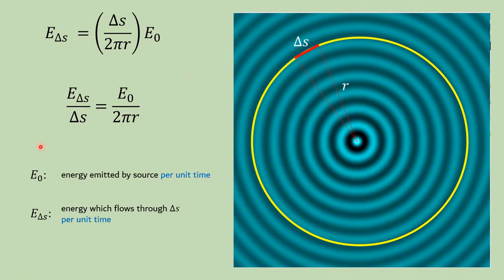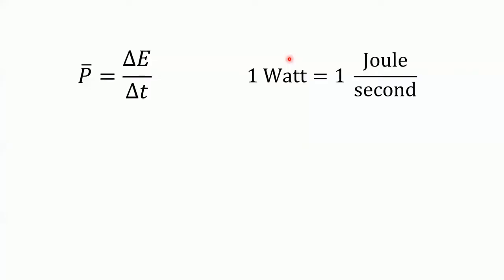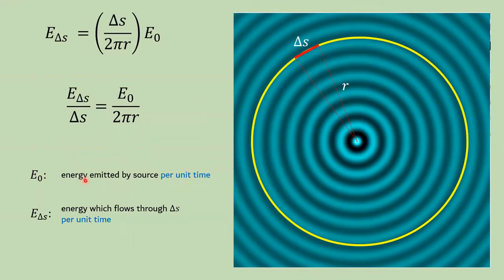Just to remind you, E naught was the energy emitted by the source per unit time. I said something like 1 second, so in the SI system, that's the unit of time. And E delta S is the quantity of energy that passes just through that arc length. So let me remind you, because hopefully you're already thinking, wait a minute, energy per unit time. If I'm saying the energy per time, maybe there's a word for that type of quantity.